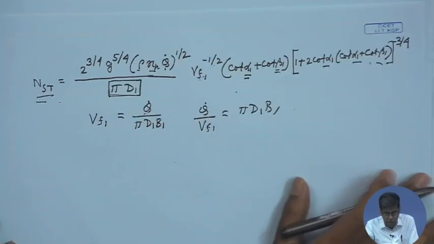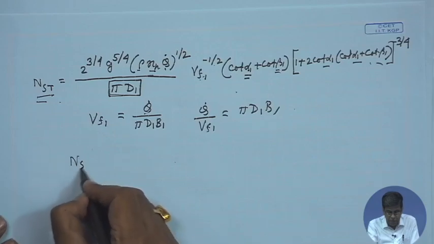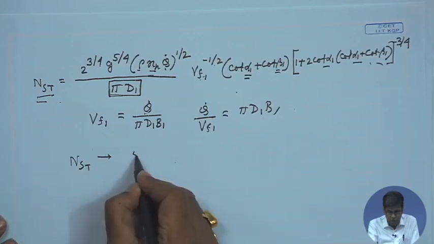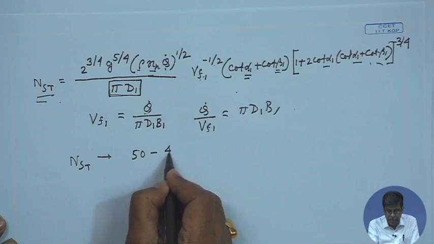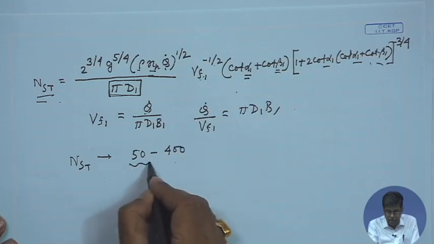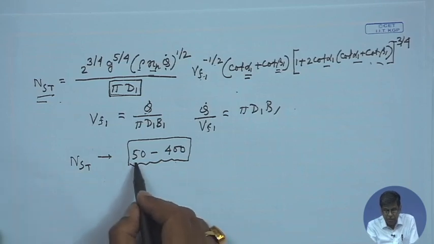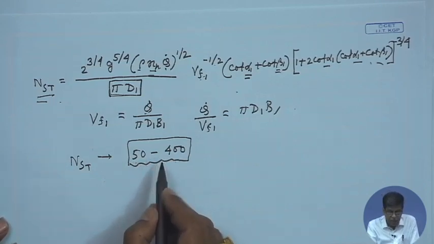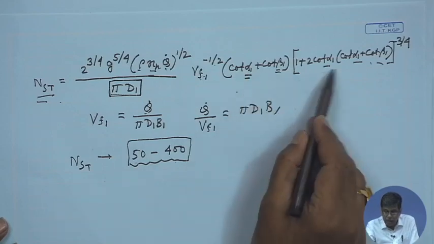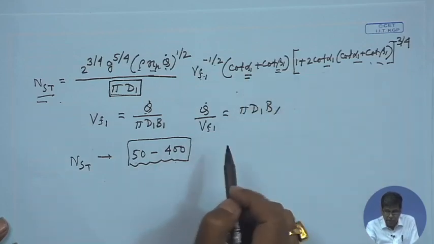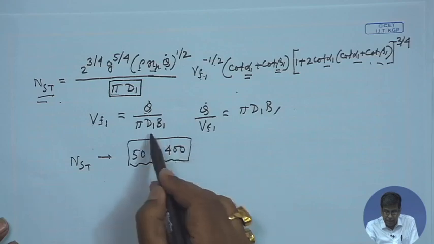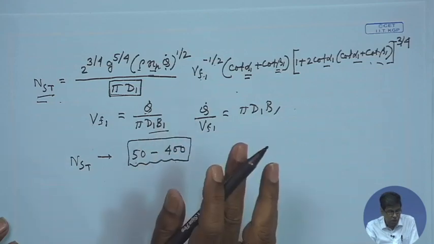Now, the value of the specific speed usually lies between 50 to 400. Again I tell you, the meaning of this is the Francis turbine works most efficiently within this range of specific speeds, and the values of alpha 1, beta 1 and the values of B by D at the inlet already has been told earlier.